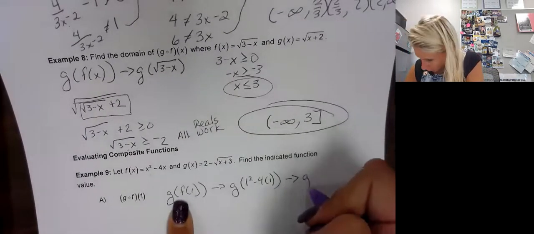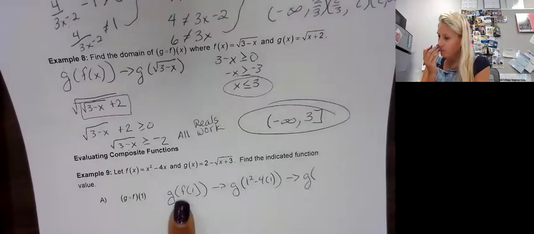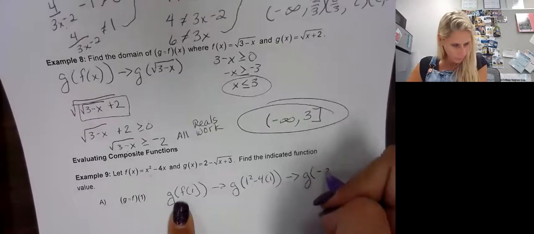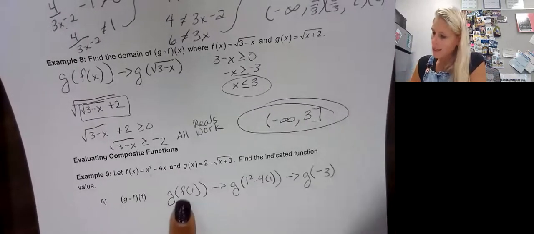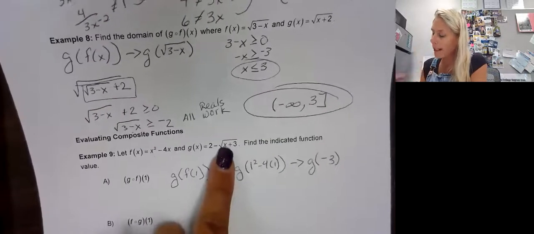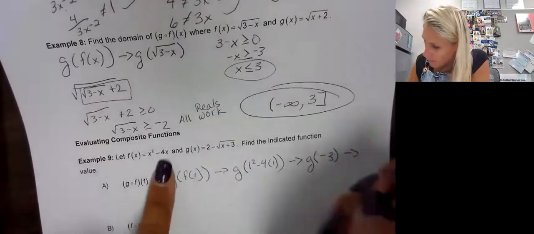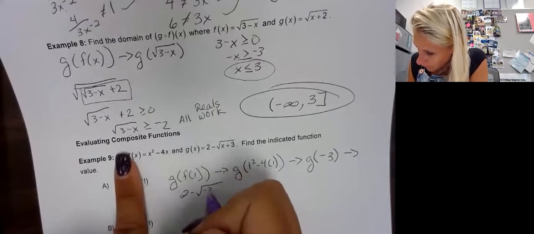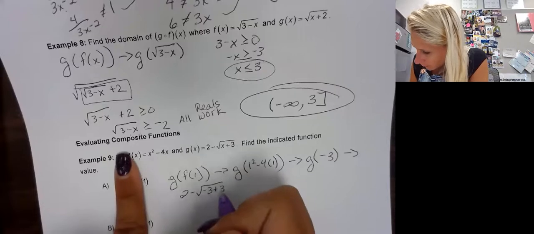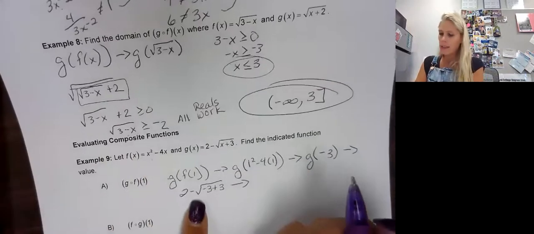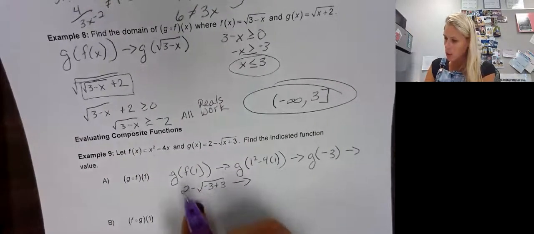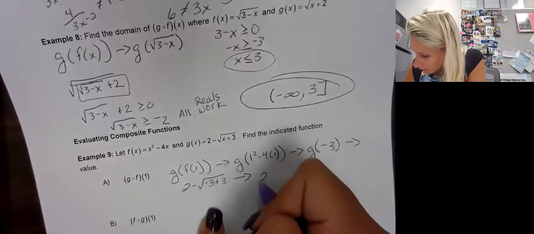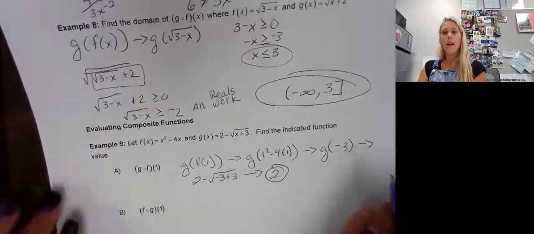So I have g of 1 squared is 1. 1 minus 4 is -3. Now, when I plug in -3 here, I would get 2 minus the square root of -3 plus 3. Oh, this one's nice, right? Because -3 plus 3 is 0. Square root of 0 is 0. 2 minus 0 is 2.